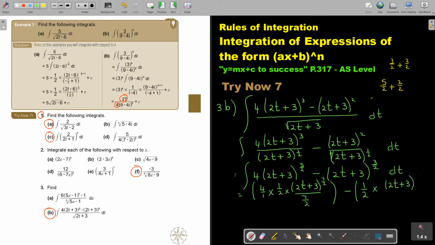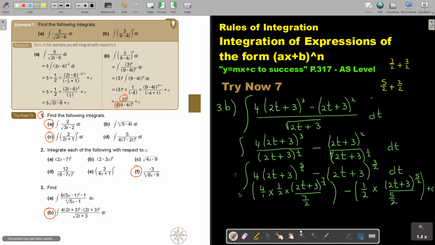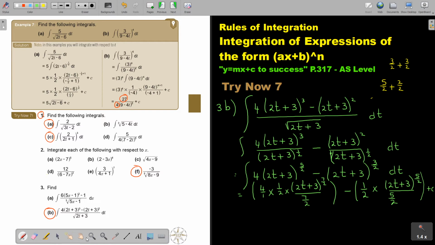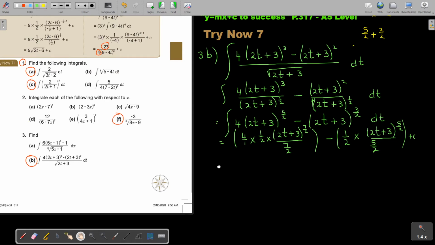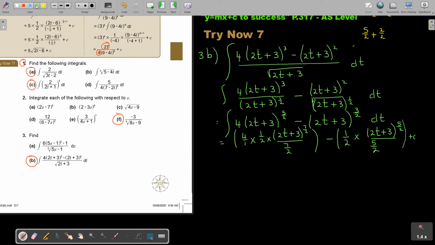Can you see that? And I'm going to divide by 5/2. And then I'm going to say the magic plus c. Okay, let's just move this a little bit up. We need a little bit more space. Okay, we're ready to go on.